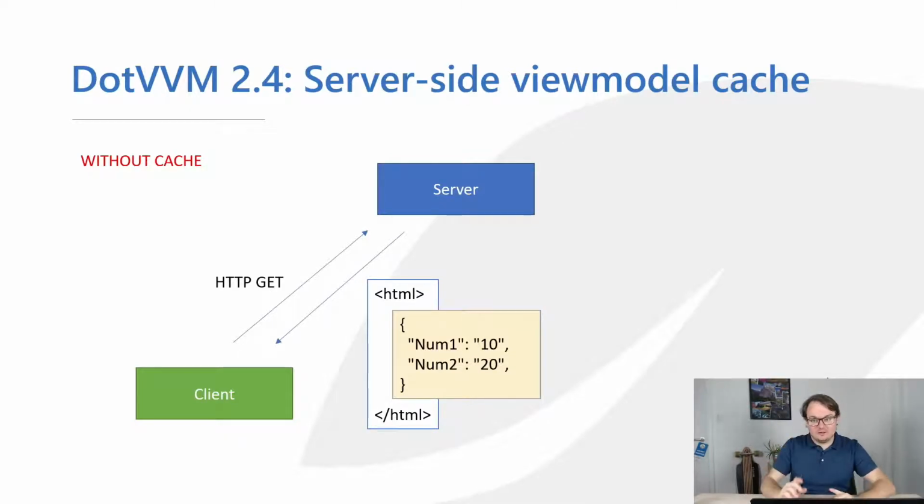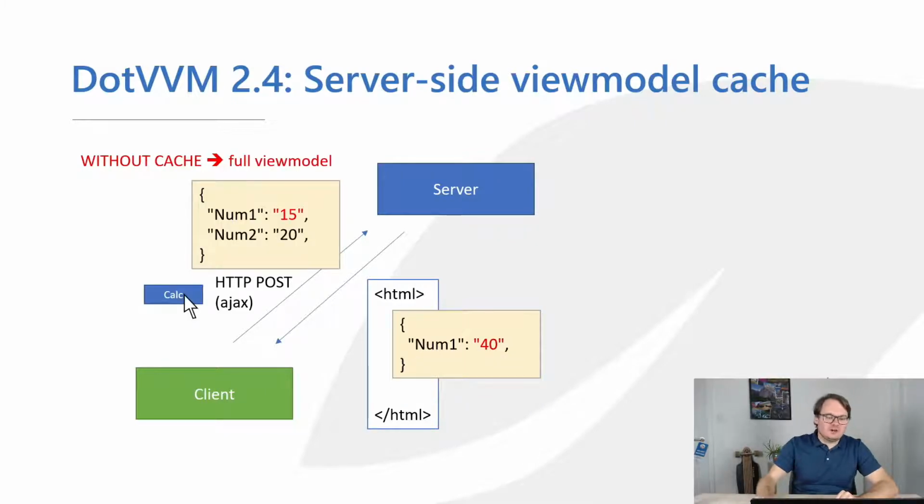So that's the standard behavior. And if the user clicks on some calculate button in the page, then the entire viewModel is serialized and sent to the server. And you can see that this number is different than it was before.